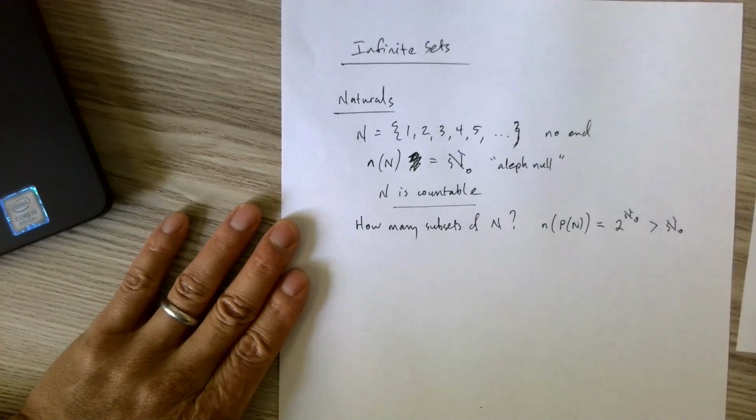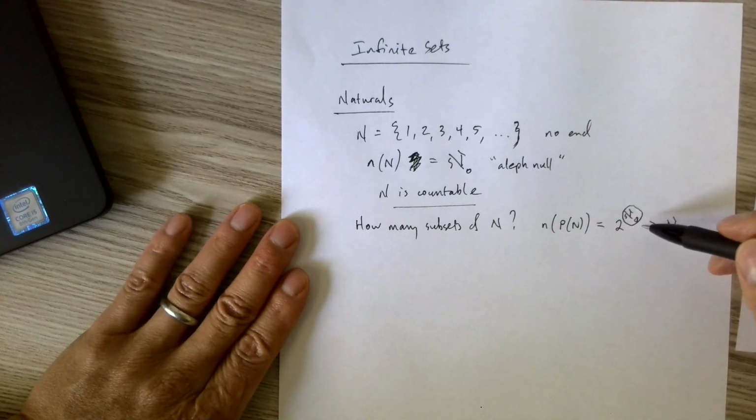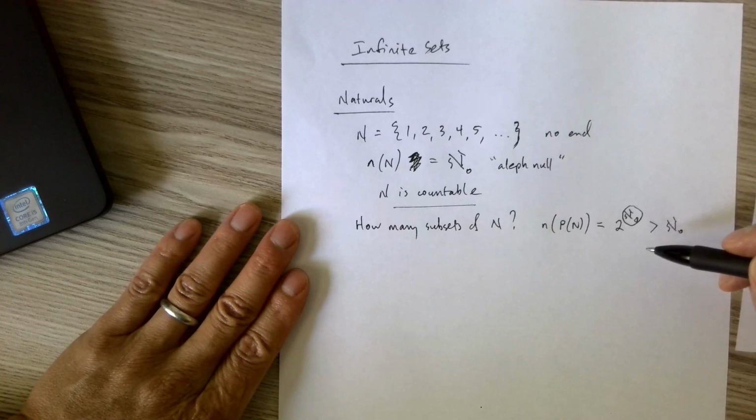It has to be bigger. Think about it. You are raising 2 to this power, and this power itself is an infinite number. You are raising 2 to an infinite value. Whatever that is has to be on another level. It has to be bigger than Aleph null.